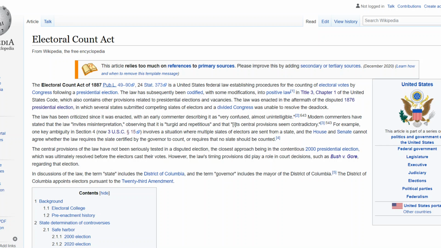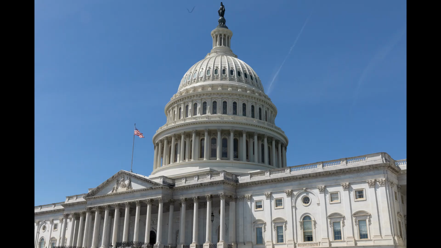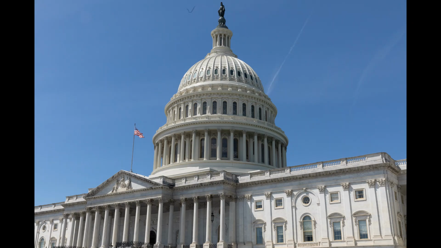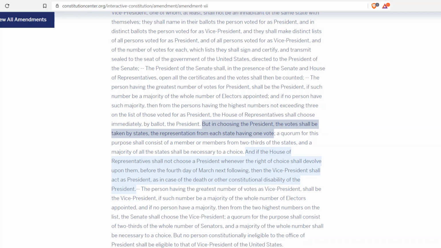These provisions, again, seem designed to drain as much power as possible away from the chair and give it to the two houses. And so if this process fails, if the two houses cannot determine the sufficient amount of qualified electors for a candidate to get to 270, then it kicks back to the 12th Amendment, where it states implicitly, quote, the House of Representatives shall choose immediately by ballot the president.